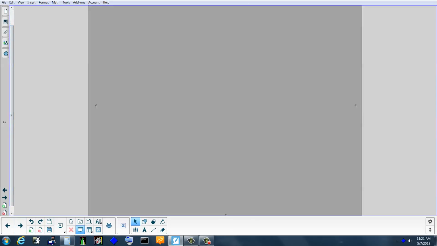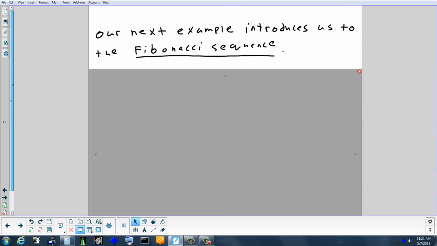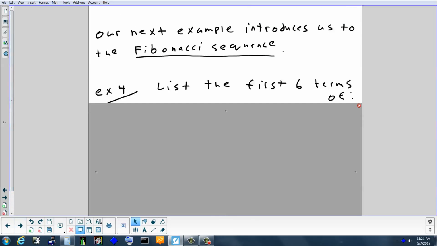All right. So I told you that some recursive sequences don't just depend on the term before it. They use 2 terms before it. So one example of that is called the Fibonacci sequence.